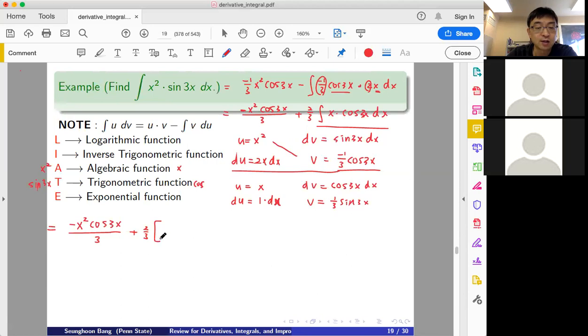You can do a bracket here. u times v is 1/3 times x times sine 3x, minus the integral of v times du. v times du is 1/3 sine 3x dx.